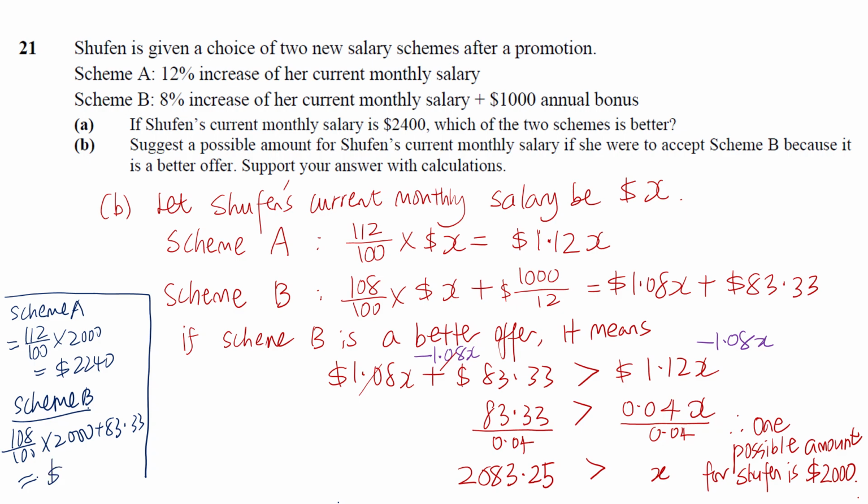And yes, you will have 2243.33. And of course, 2243.33 is slightly higher than the 2240. Higher by 3.33, but still higher. So which means that your possible value for Su Fen at $2,000 is a valid answer.